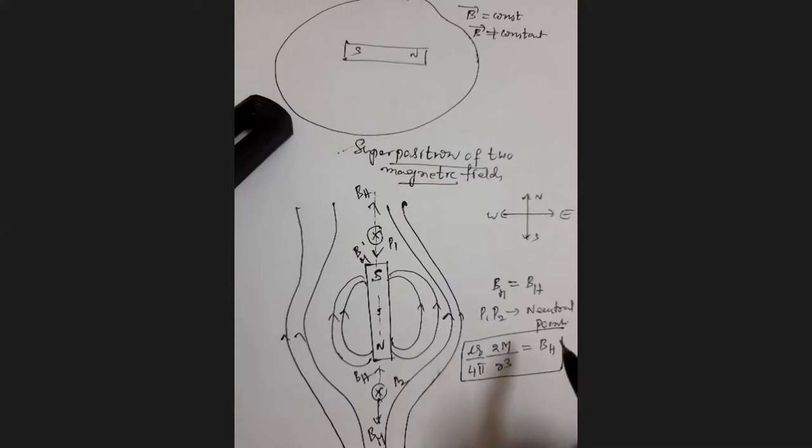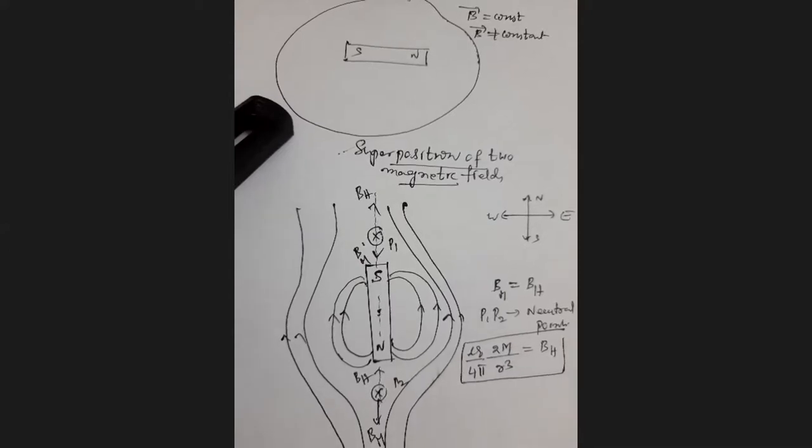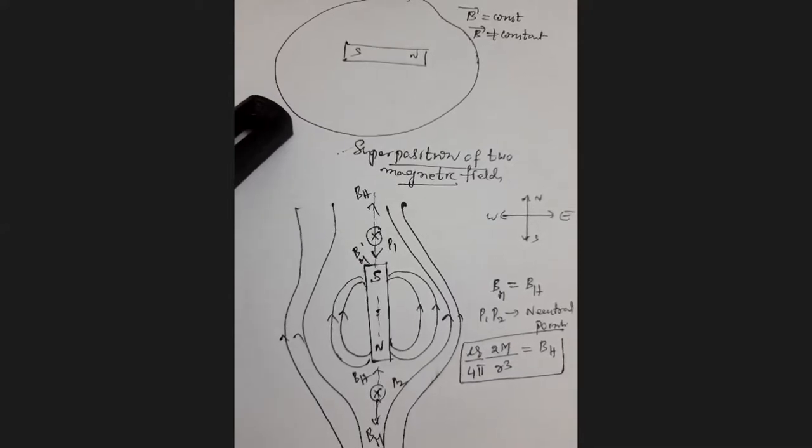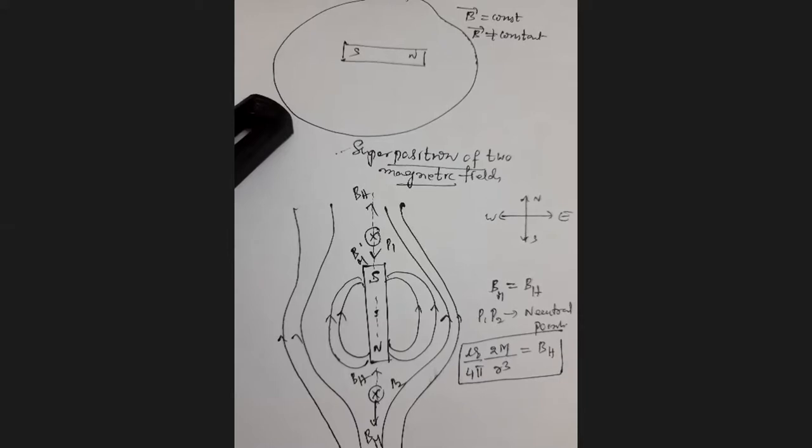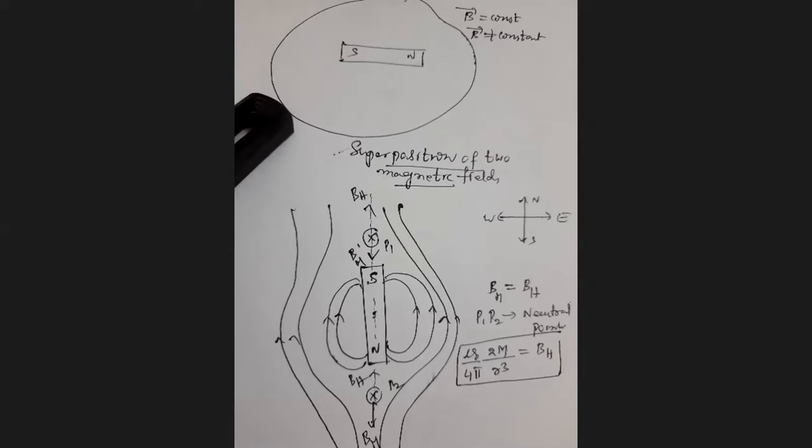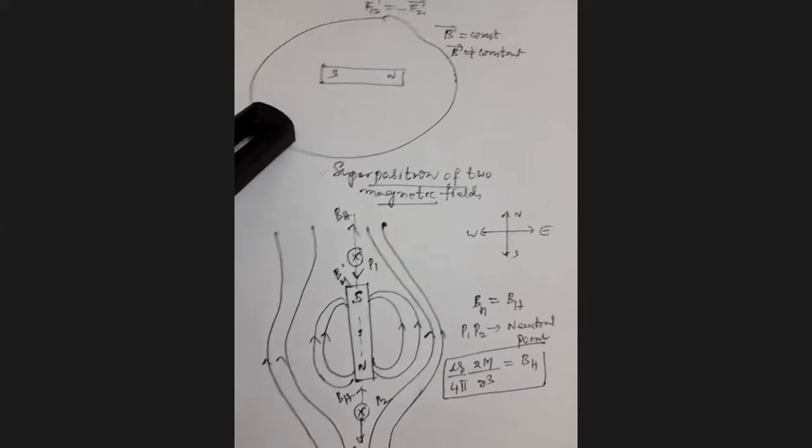So the null point or neutral point can be defined as, due to the superposition of two magnetic fields, the point at which the resultant field strength becomes zero. Hence, no magnetic line of force exists there. So at a neutral point, the number of magnetic field lines is equal to zero. The resultant field strength becomes zero. At that point, the magnetic induction field strength due to the bar magnet should be equal to the horizontal component of Earth's magnetic field. Okay, so this is one case.